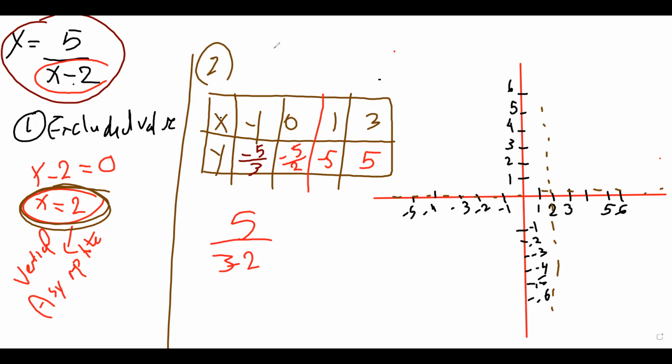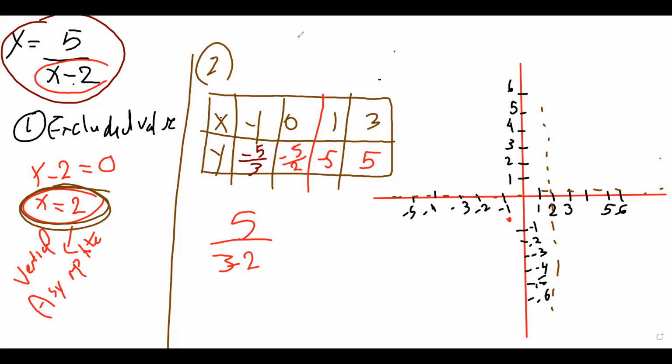So after we find the excluded value and the asymptotes, we plot the points from the table. Let's draw. At negative 1, we have negative 5 over 3, which is about negative 1.333, so it comes here.